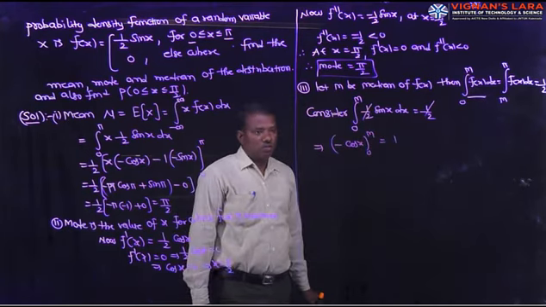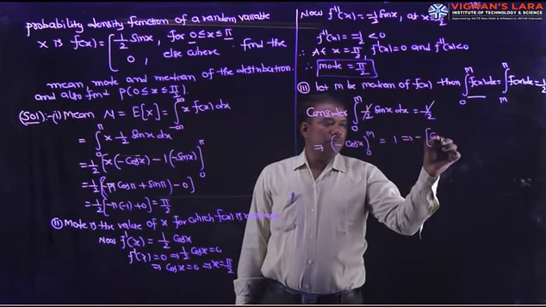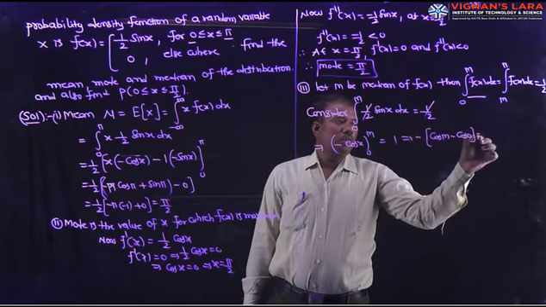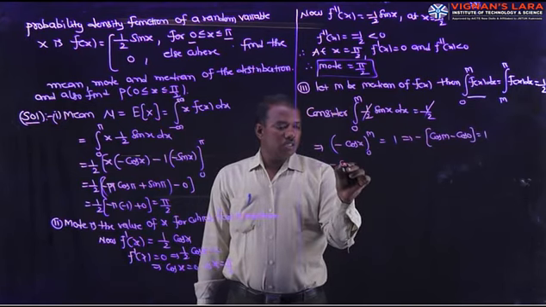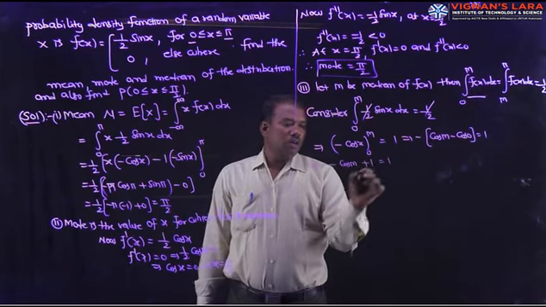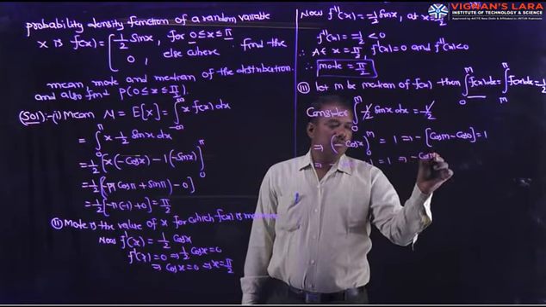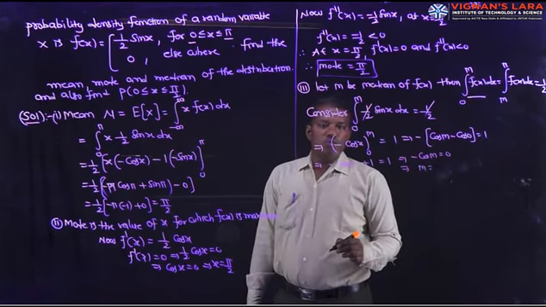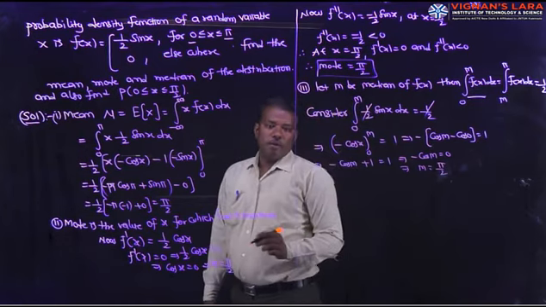The upper limit gives cos M, and the lower limit cos 0 is 1. So minus cos M plus 1 equals 1. After simplification, minus cos M equals 0. Cos M is 0 only when M is equal to pi by 2. So the median is also pi by 2.